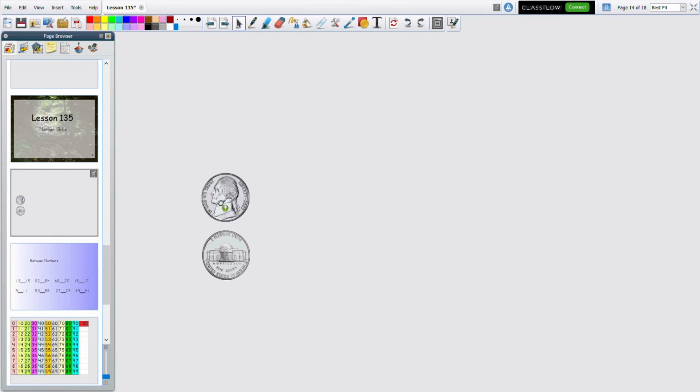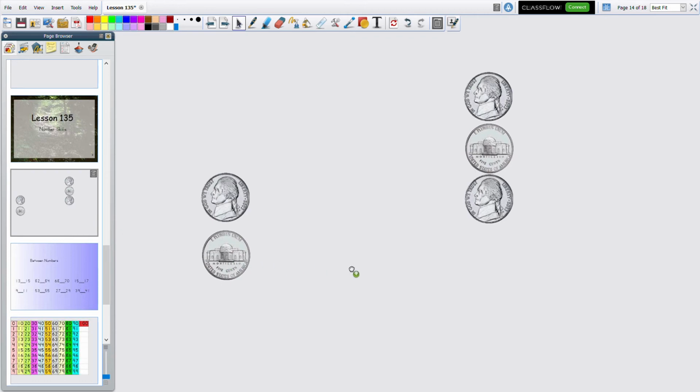I'm going to do it in a straight line. 5, oops, let's go over here. 5, 10, 15, picking it up.